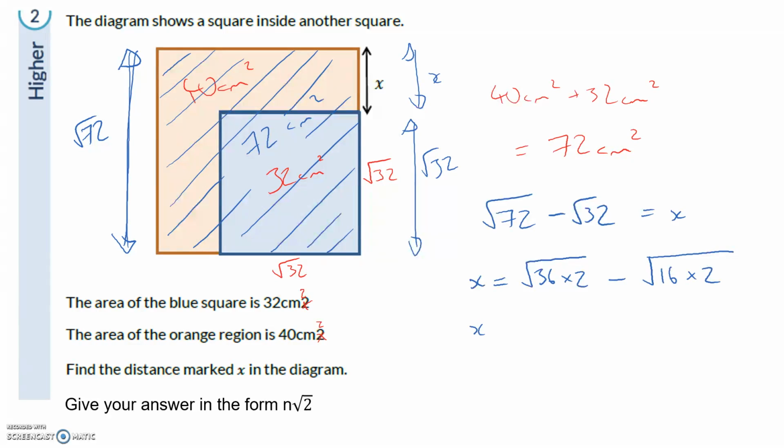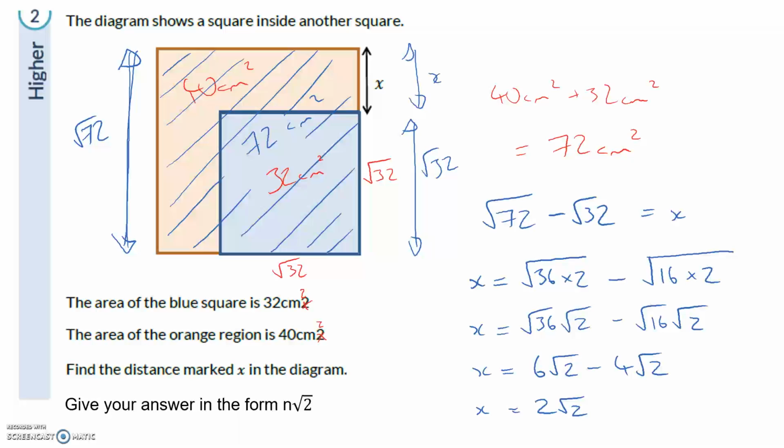That's the same as root 36 root 2, subtract root 16 root 2. Root 36, I can do that, 6 root 2, and root 16, I can do that, 4 root 2. So now I've got x equals 6 root 2, subtract 4 root 2, that's easy. 6 root 2, take away 4 root 2 is 2 root 2. So x equals 2 root 2.